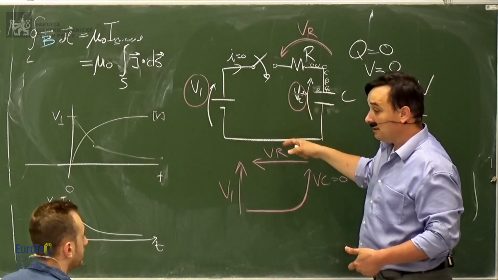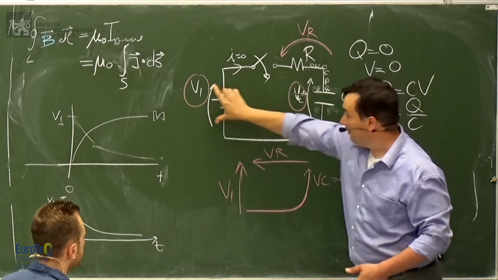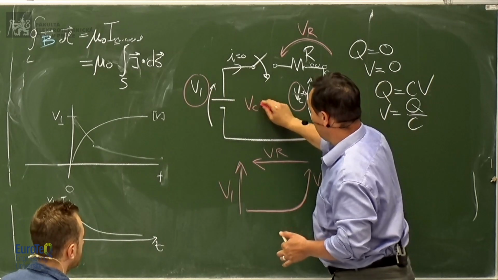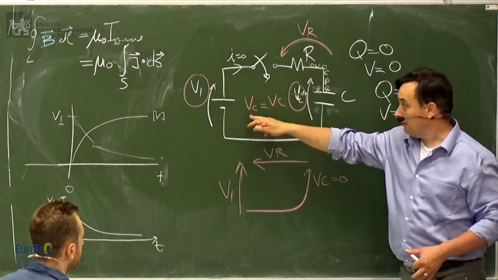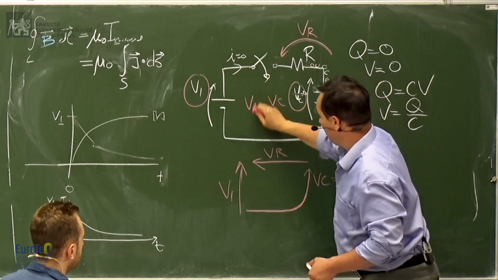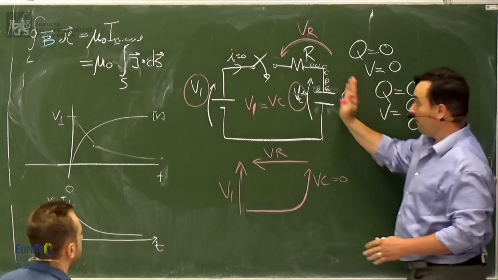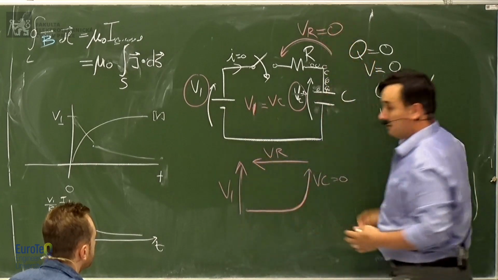At that point, VR will be 0, because you will have V1, which is equal to VC, when this VC will reach, sorry, V1? V1 is equal to VC if you charge it large enough. So if you have this voltage equal to this voltage, there will be nothing left here. Yes.